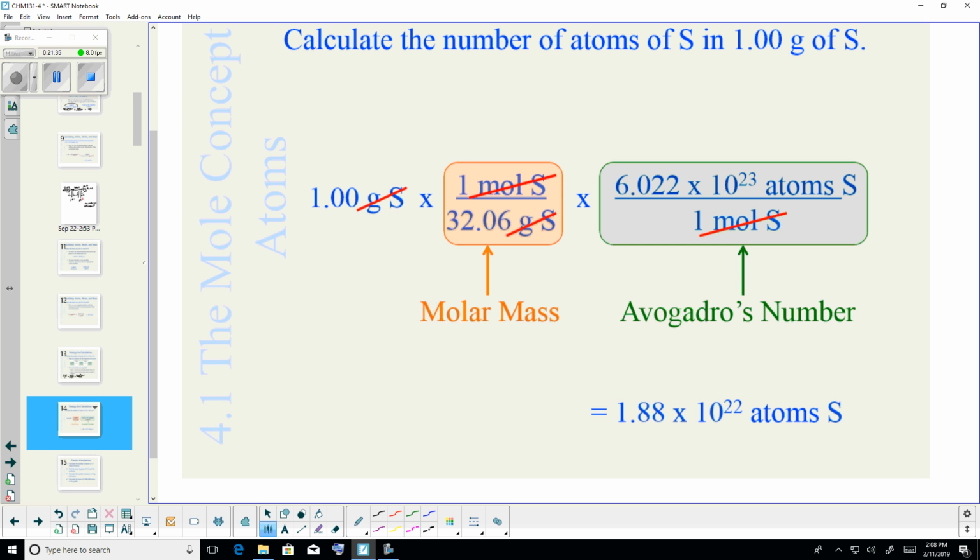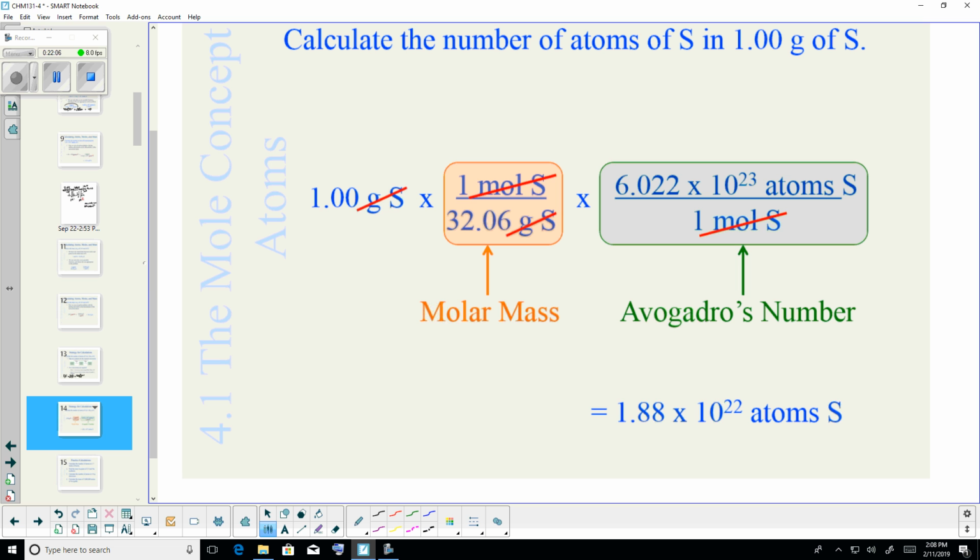Yeah, you have to start with something. The key is figuring out where you're starting and where you're ending. Follow the map. Yes, we could start out anywhere on the map. Sulfur is 32.06.